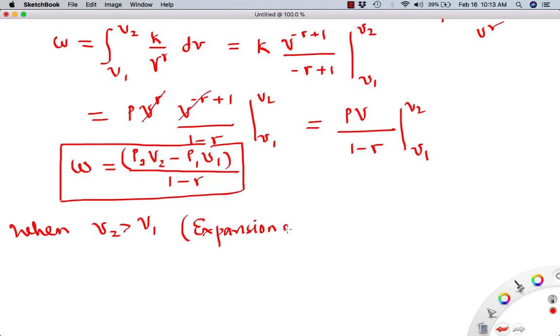What we see is that work is positive. When the work is positive, work is done by the gas or system.